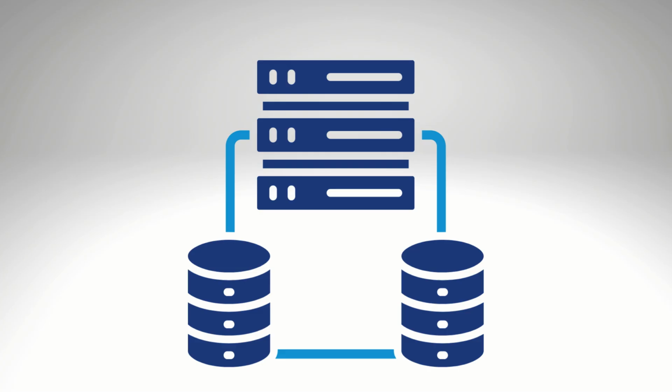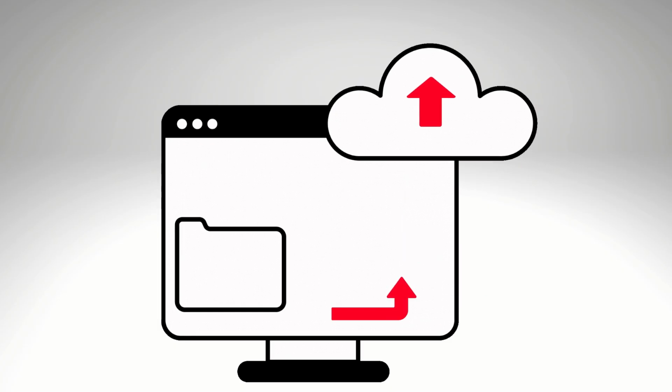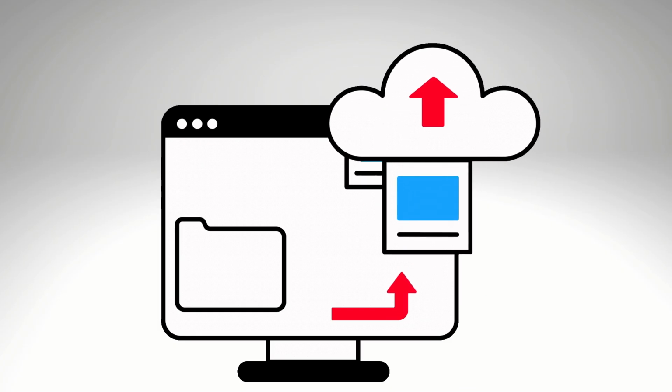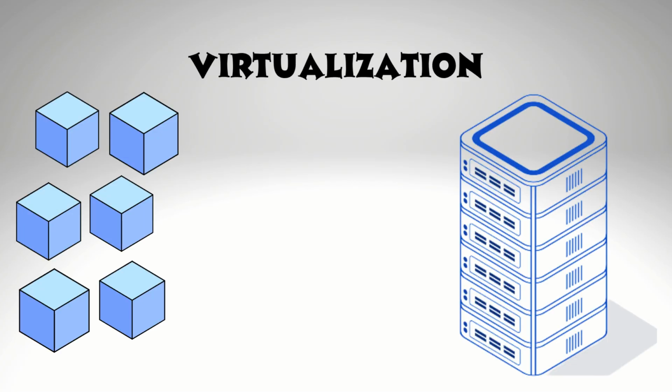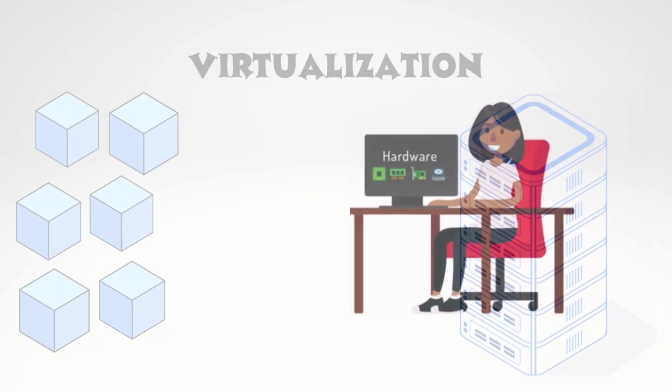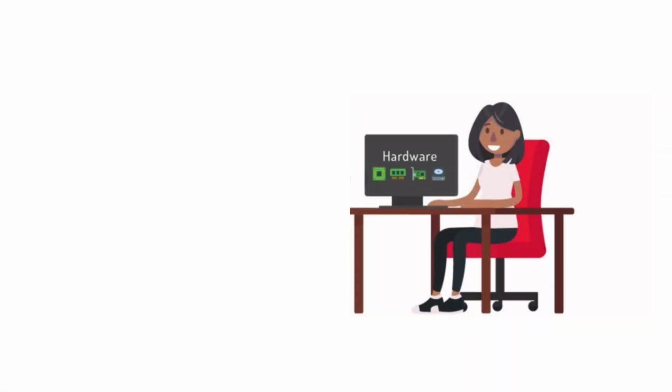Now that we have seen the physical infrastructure, let's look at the core technology that makes cloud possible. This is what we call virtualization. Virtualization allows the creation of multiple virtual environments from a single physical hardware system. So now back to our basics. On our laptops, we have operating systems running.